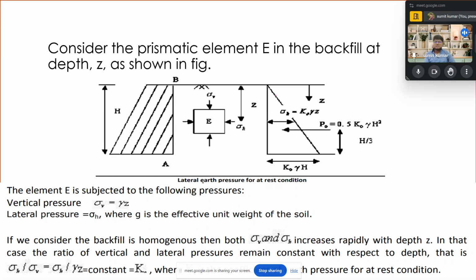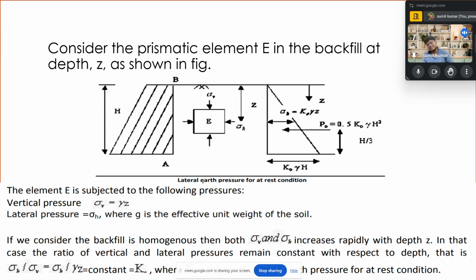And see a specific condition which is presented over here. Here we can consider a prismatic element E, as shown in the figure, in the center of the block in the backfill at depth z.